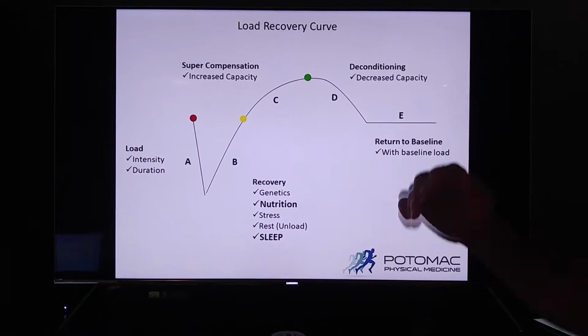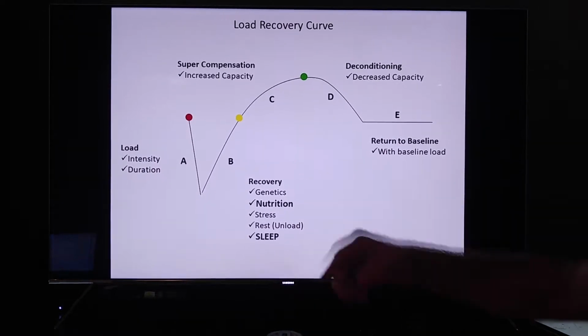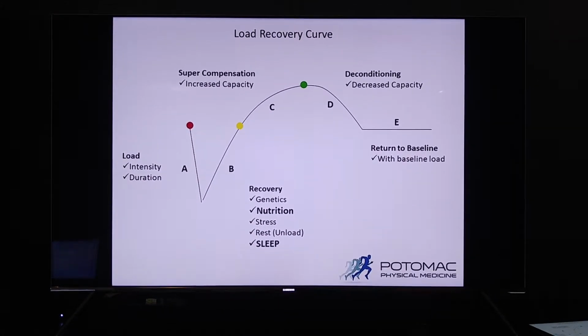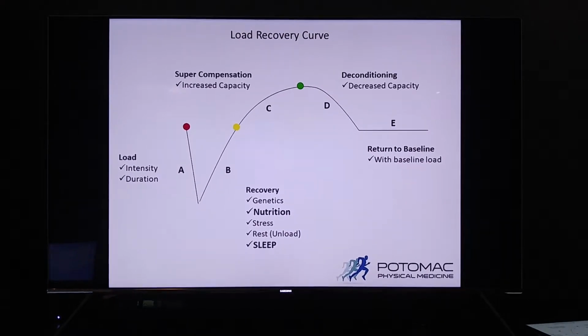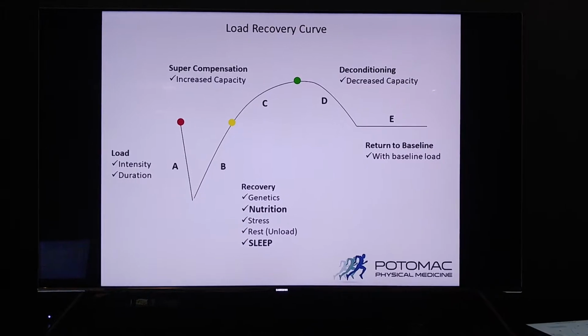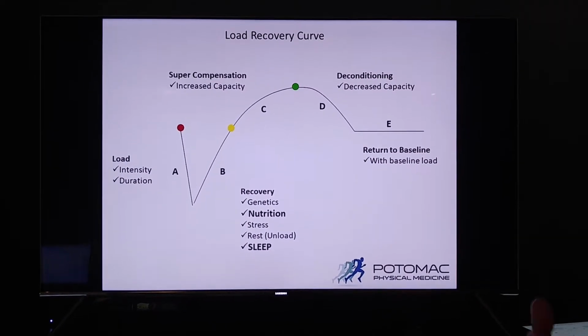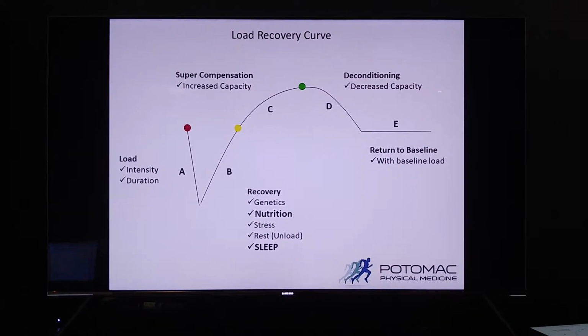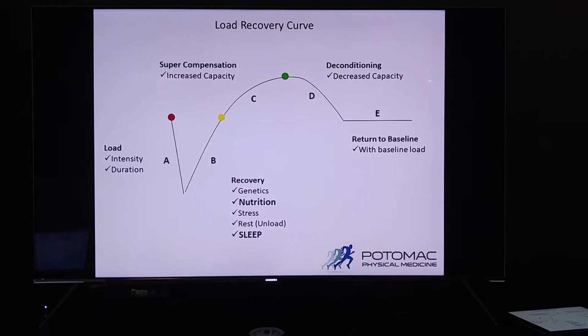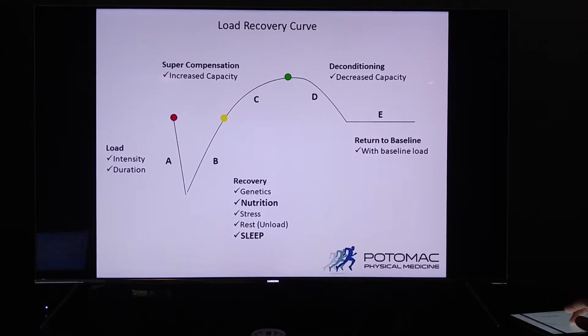Several factors can affect recovery: genetics, nutrition, stress, rest, and sleep. Rest would fall under the category of recovery, things like using a foam roller, obviously proper nutrition, hydration, or getting regular manual treatments, chiropractic, physical therapy, sports medicine, that kind of thing. All those things affect our ability to recover.